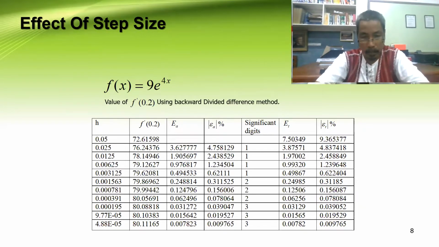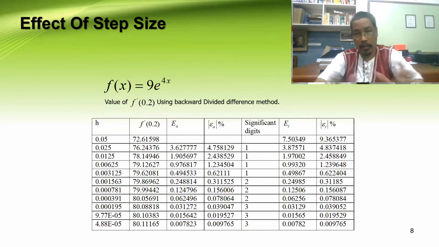Now, let us go to the next goal of this module. Okay, effect of step size. So, what is our concern here?